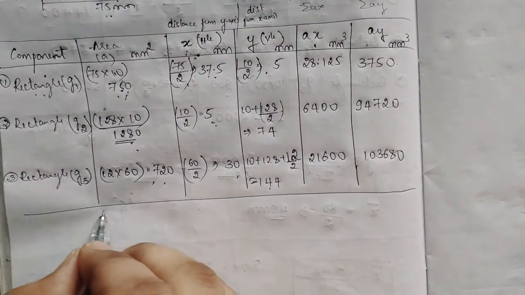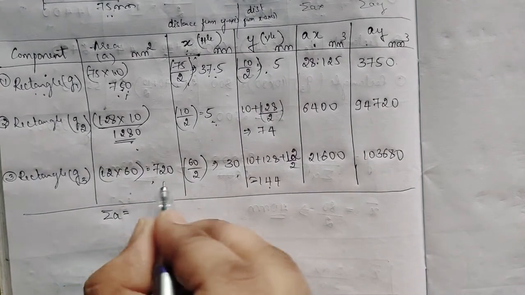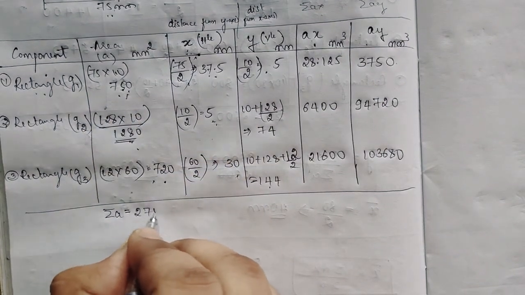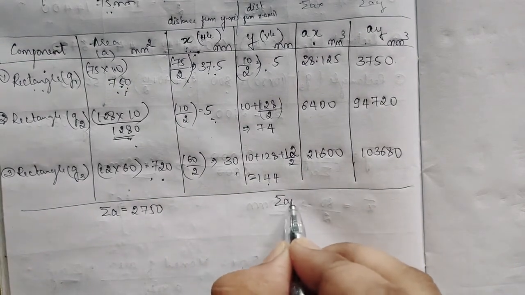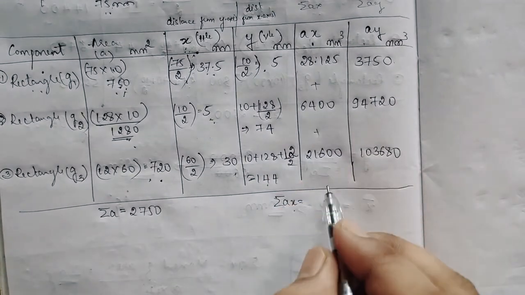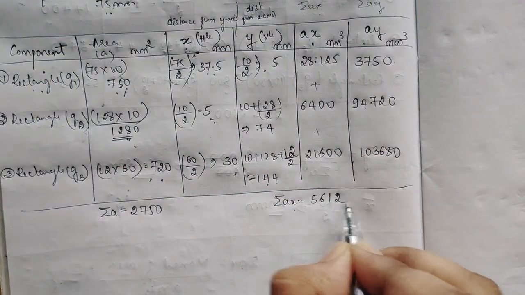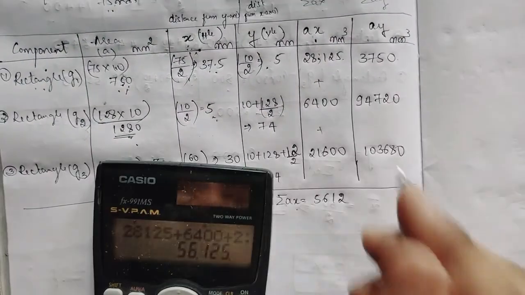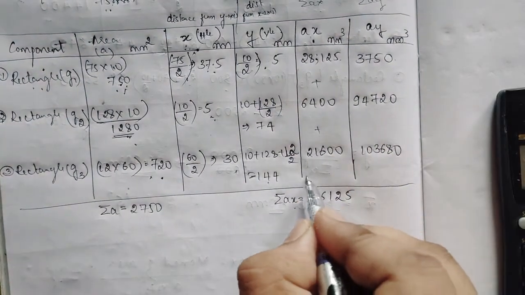Now what do we have to find? We want the summation of area. So it will be 720 plus 1280 plus 750, that is 2750. And what else do we want? The summation of AX. Add all of this and you will get 56,125, the summation of AX.